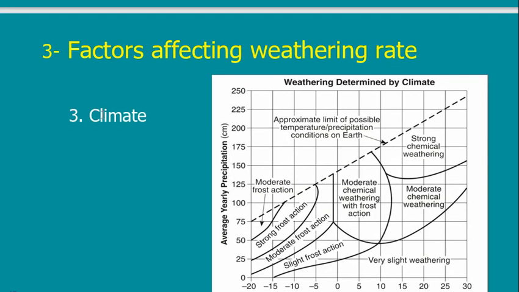Climate. As I said, climate depends on 2 things. I said before the water. Water comes from precipitation, from rain. It also depends on the temperature. High temperature helps in increasing the weathering condition.